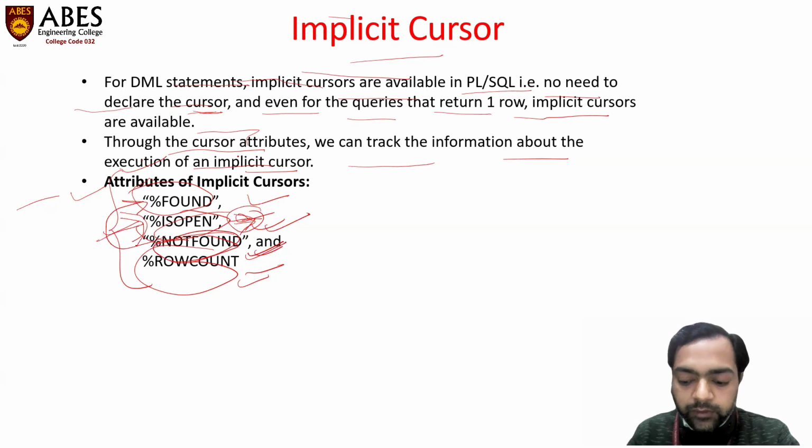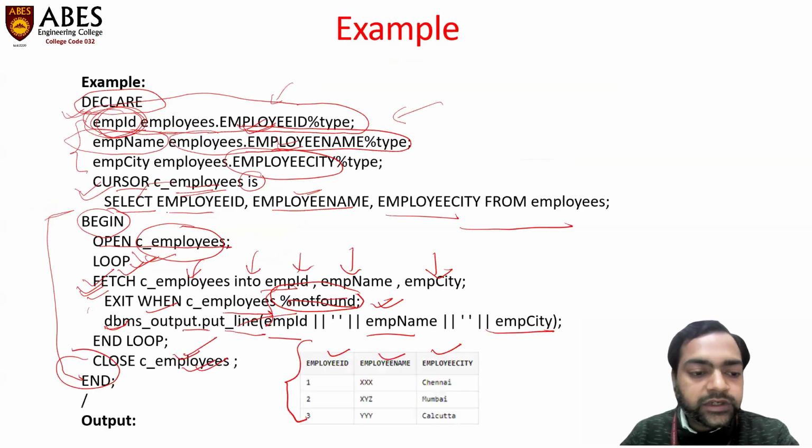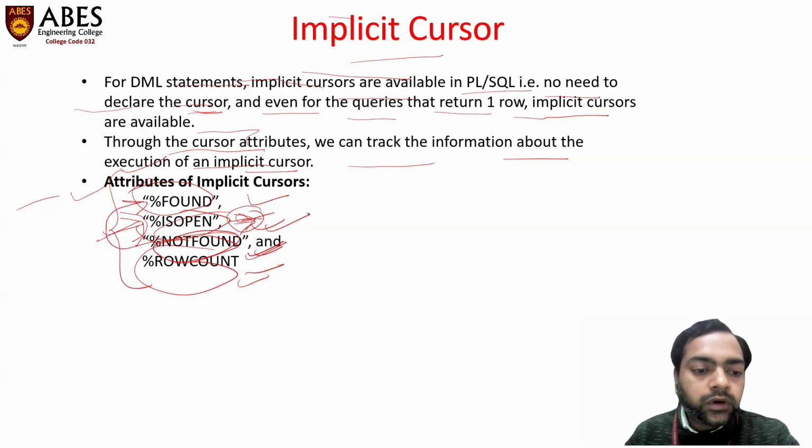So as we have mentioned in the case of explicit cursor, here you can see, here we have used percent not found. What does it mean? Until we do not find any row, we need to fetch the rows from the table, right? So this will be the not found, the opposite of the found operator.